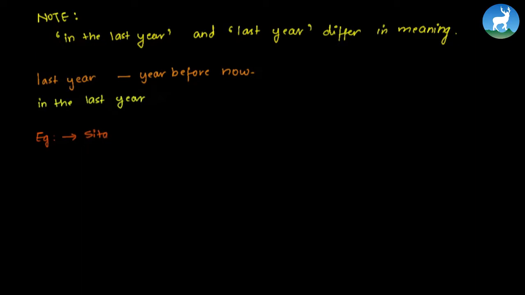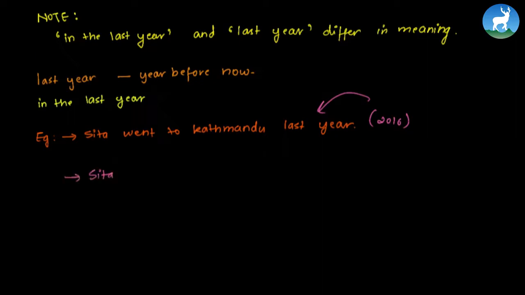Sita went to Kathmandu last year. Meaning that Sita went to Kathmandu in 2015. If we are in 2016 and we hear this statement, we can immediately say that Sita had been to Kathmandu in 2015. But if we have another sentence saying Sita has been to Kathmandu in the last year, the meaning is different.